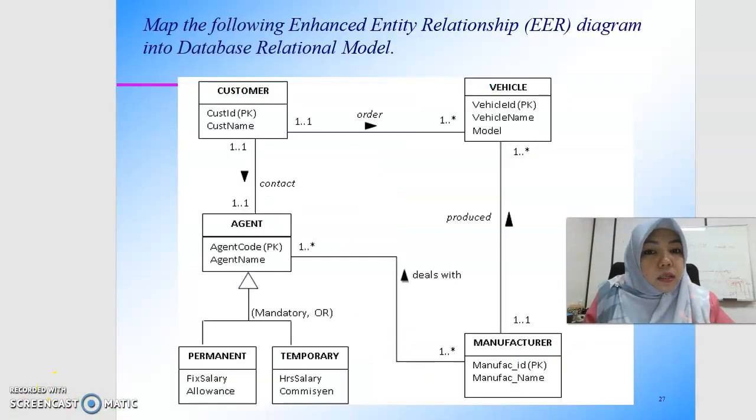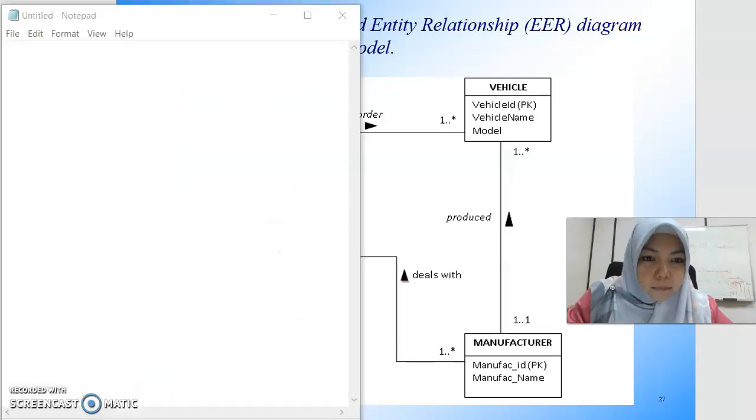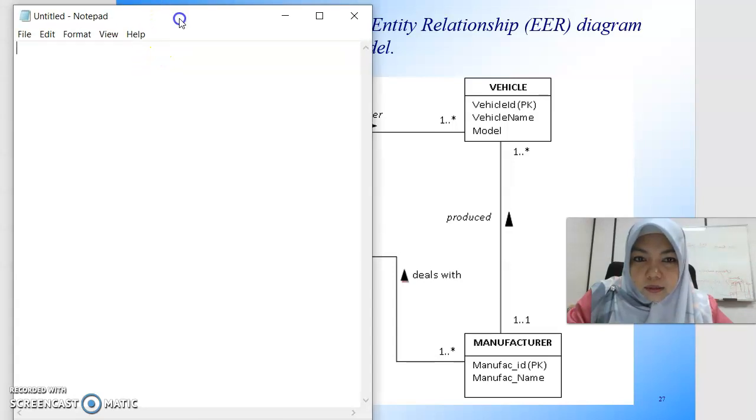Okay, so now let us look at this example. We are going to try to use these steps and start drawing our relational model. I'm going to write down the relational model in this notepad, so that it's easier for you to see how we are going to transform the ER diagram to relational model.